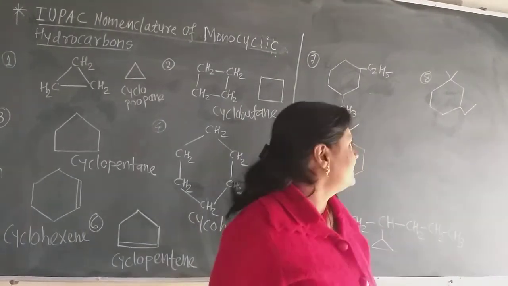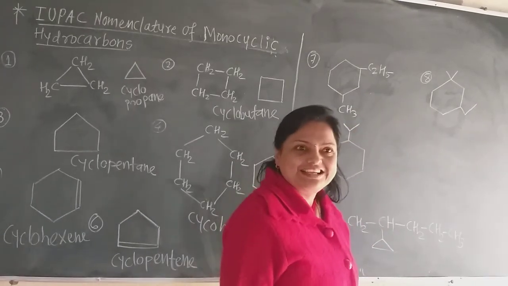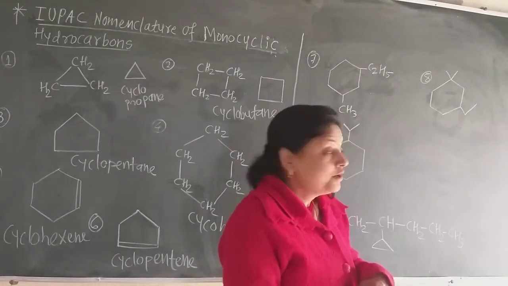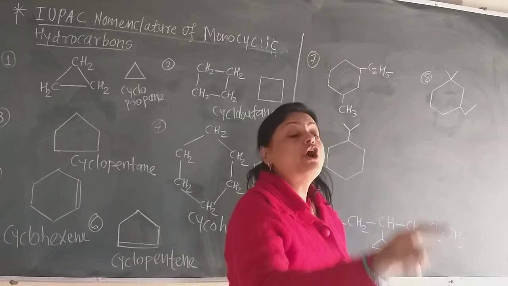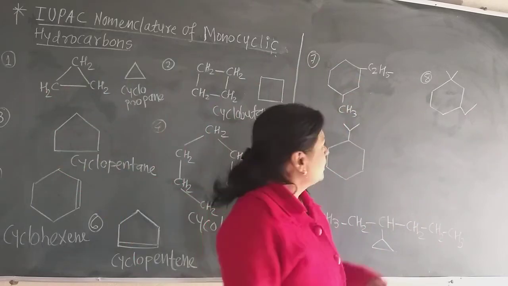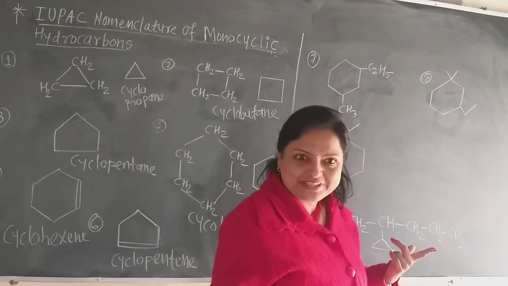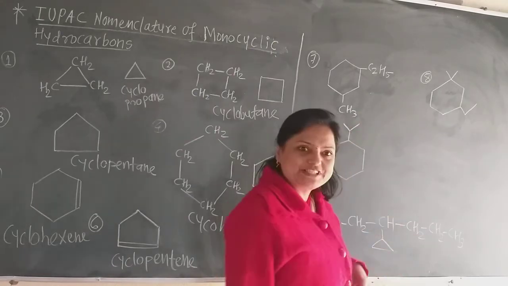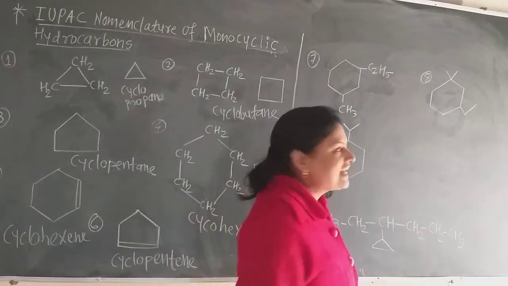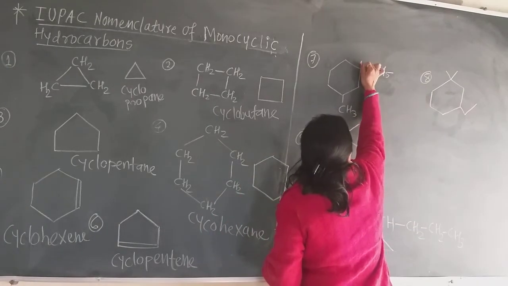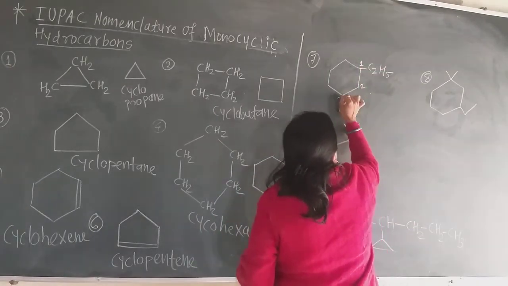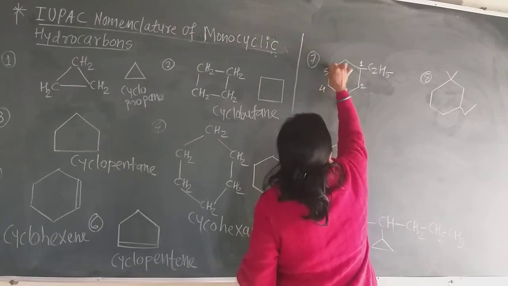Now always number the ring carbon from that side which has the larger alkyl group. Now this is C2H5, meaning ethyl, and CH3 means methyl group. The ethyl group is larger, so give the numbering from this as 1, 2, 3, 4, 5, 6.